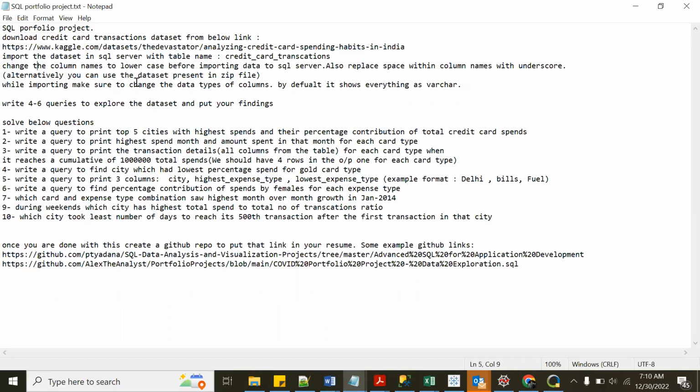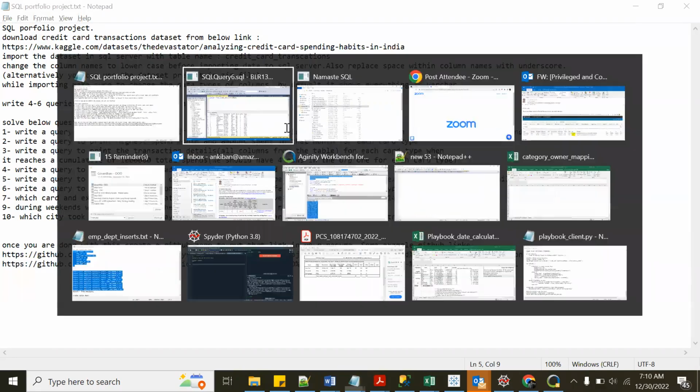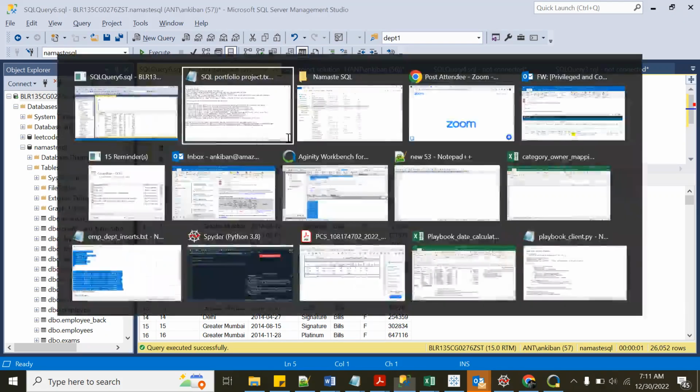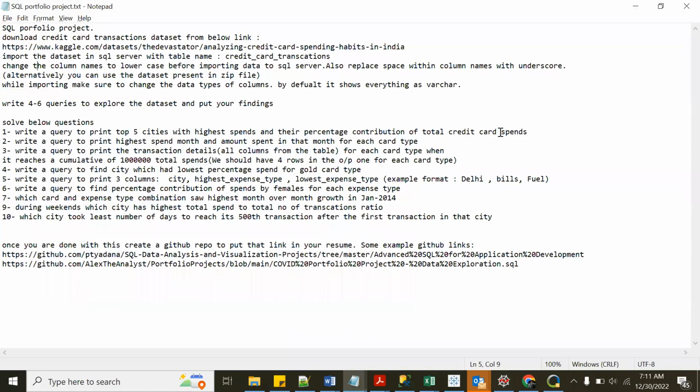Write a query to print the top 5 cities with highest spends and their percentage contribution of total credit card spend. Basically, let's say we have 986 cities, as we saw, and total spend is 100. We have to find the top 5 cities first of all. Maybe the top 5 cities would be, let's say, A, B, C, D, E. Then their percentage contribution of total credit card spend.